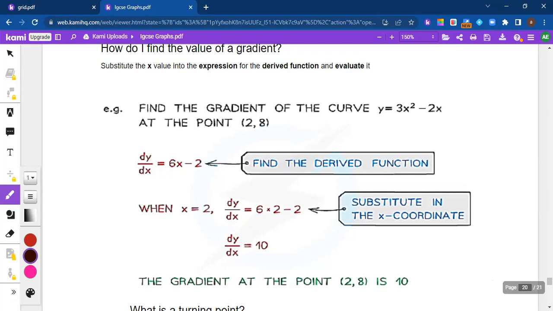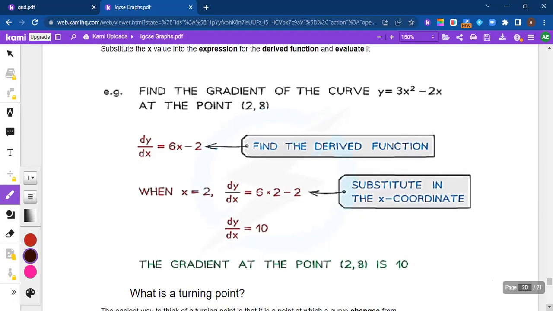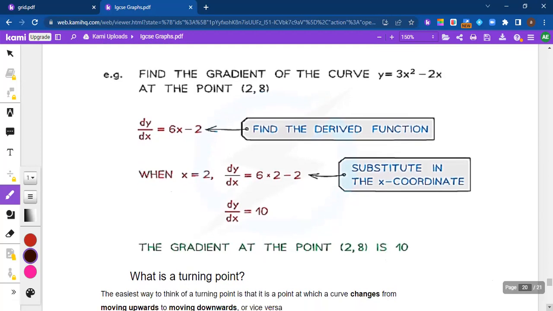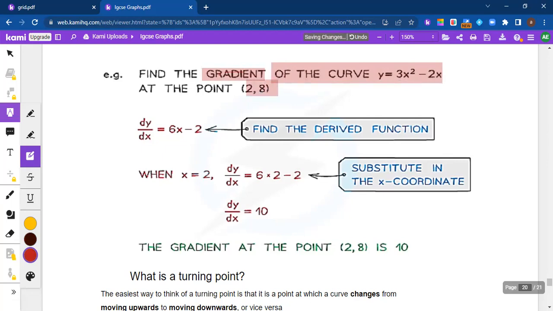What does it mean? Read the question. Find the gradient of the curve y equals 3x power 2 minus 2x at the point 2, 8. dy divided by dx equals 6x.